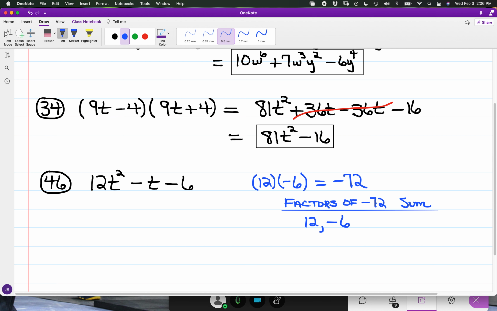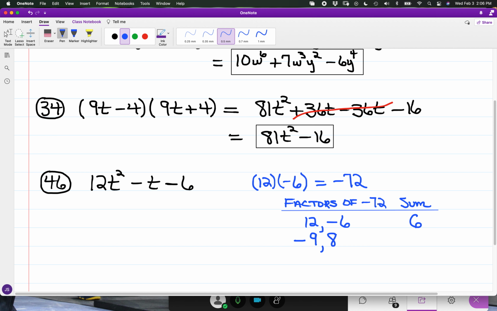Now, the numbers do multiply out to negative 72, but if you were to add them together, the sum would be positive 6, but I want negative 1. And so for negative 72, there will be more weight given with the negative factor than with the positive. In this case, we're going to have negative 9 and 8.